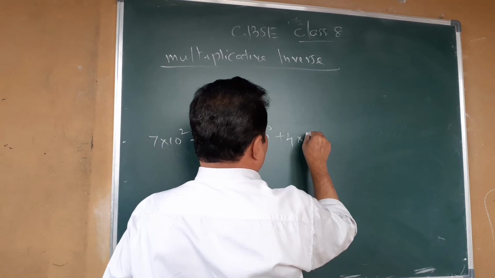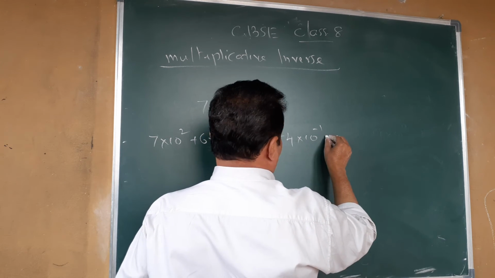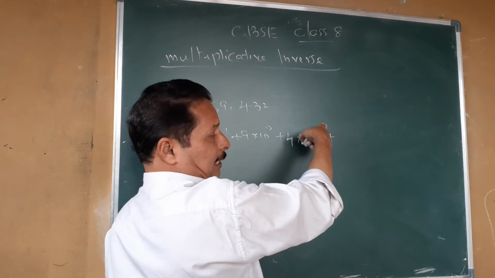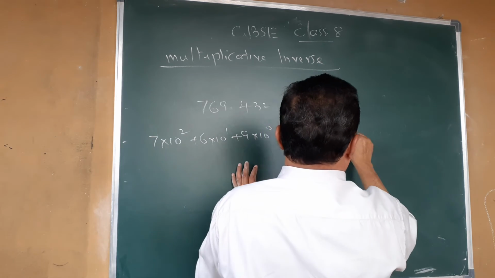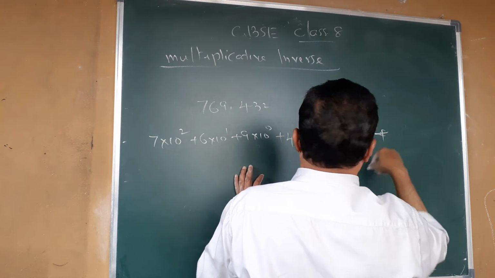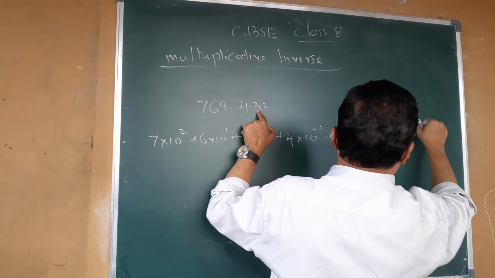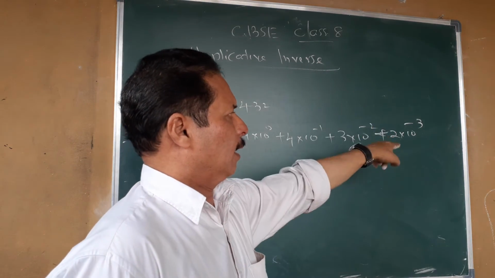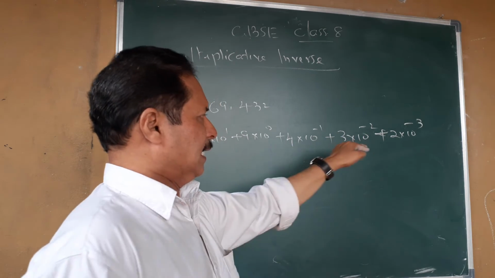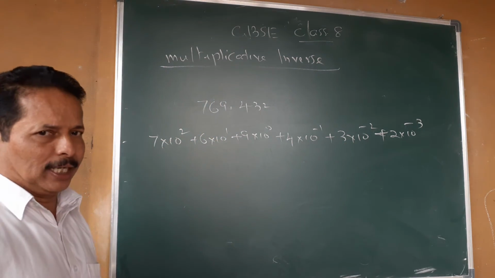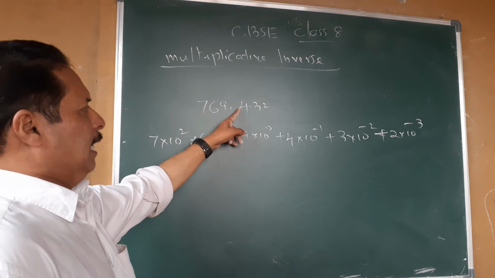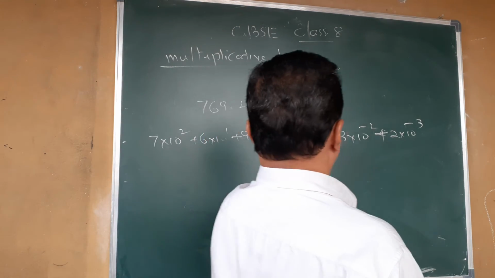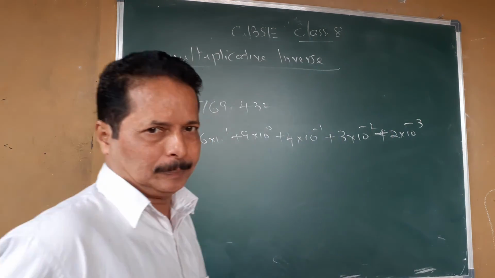First decimal is 10 raised to minus 1. And the second decimal is 10 raised to minus 2. Third decimal is 10 raised to minus 3. Actually, this is 1 by 10, 1 by 100, 1 by 1000. This is the way you express in exponential form.